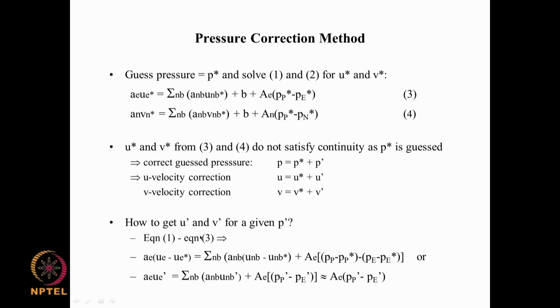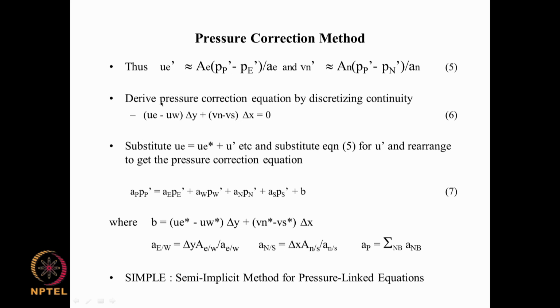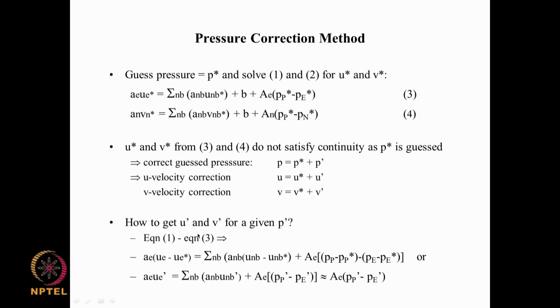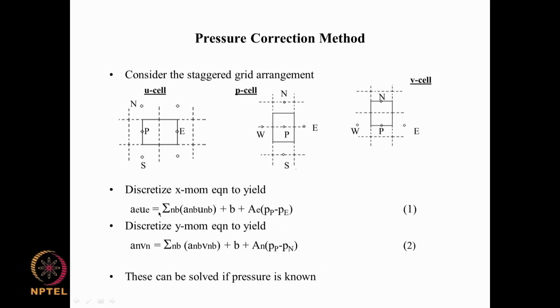We can make a rough estimate for what will be the velocity correction for a given pressure correction. For example, if we subtract this from this equation, you get a times u e minus u e star equal to sigma a nb times u nb minus u nb star, and again p p minus p p star and p e minus p e star.